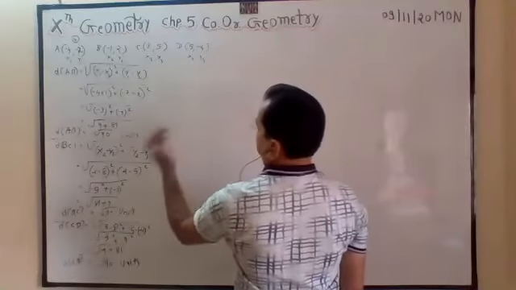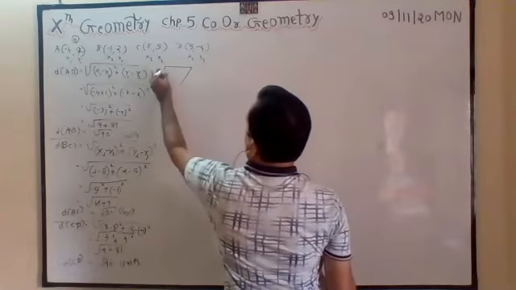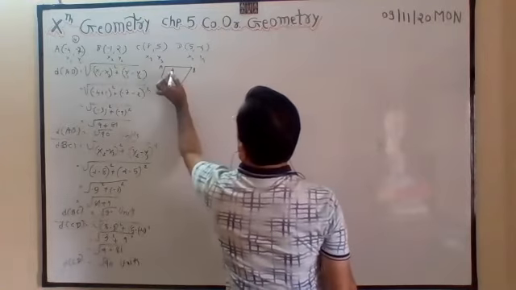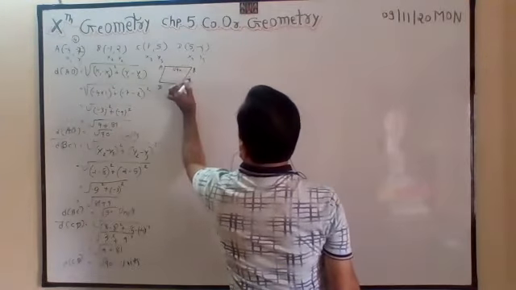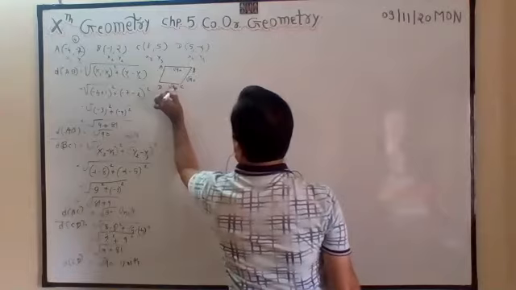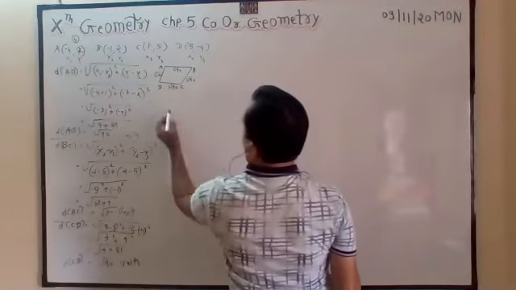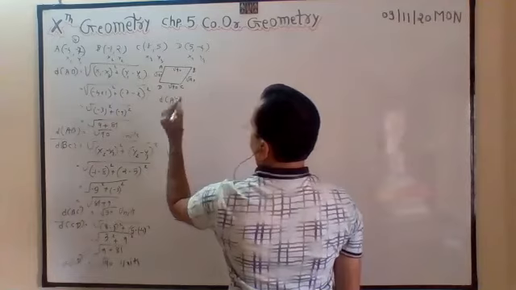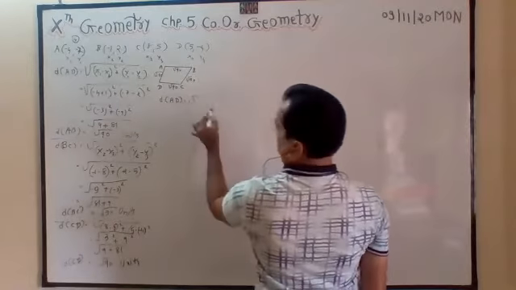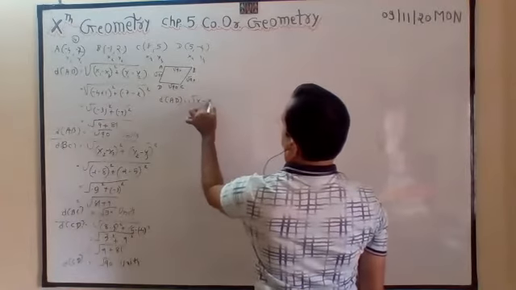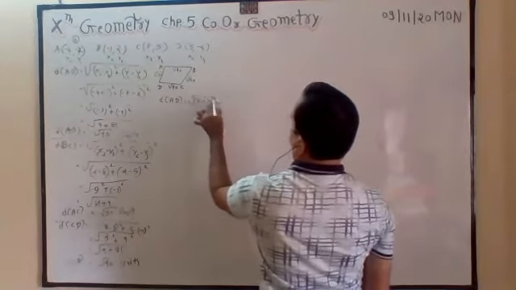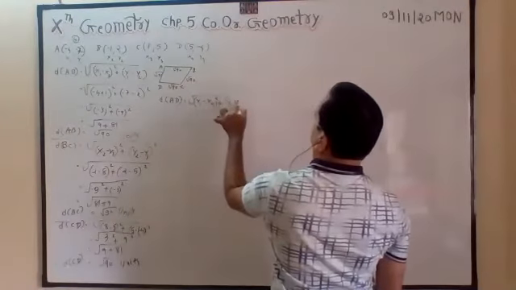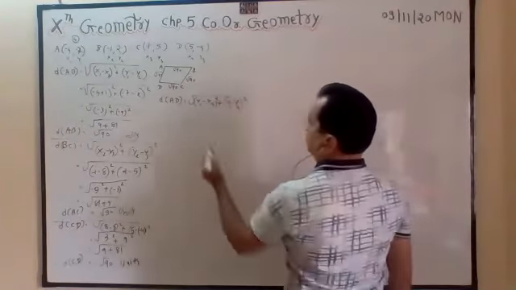Now the fourth distance: AB, BC, CD, DA. We got AB under root 90, BC under root 90, this is under root 90, and this also will get under root 90. Now distance AD is equal to x1 minus x4, y1 minus y4.